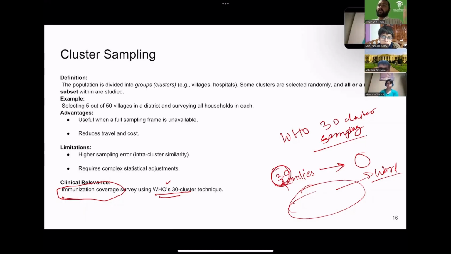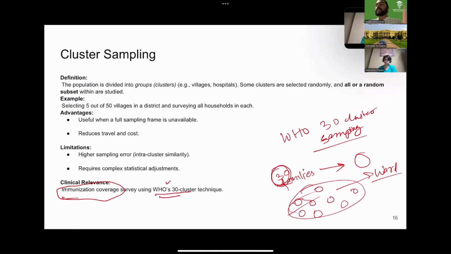So in one ward, they will select 30 such clusters, based on the road and the geography. And in these clusters, they will individually check out 7 families, 7 families with a kid less than 5 years.